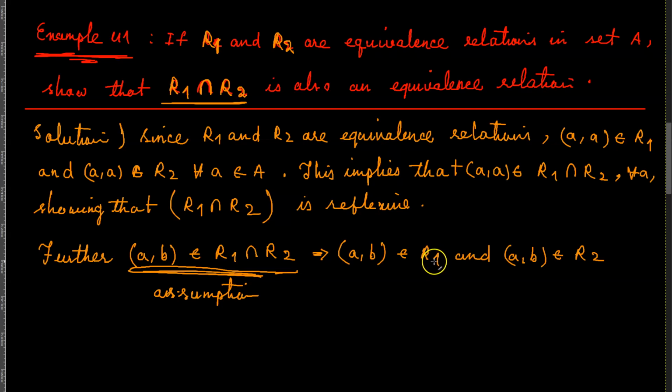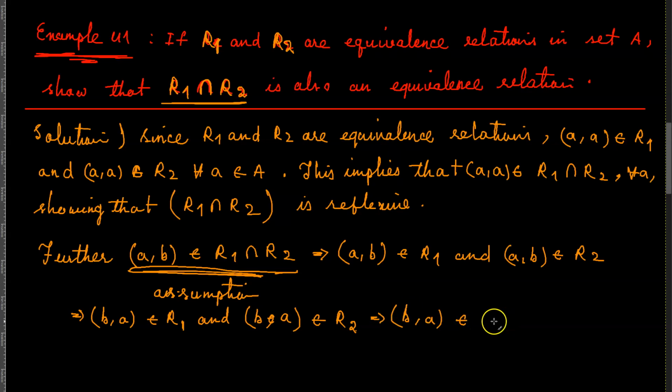Which implies that (b, a) belongs to R1 and (b, a) belongs to R2, which implies that (b, a) belongs to R1 intersection with R2, right?